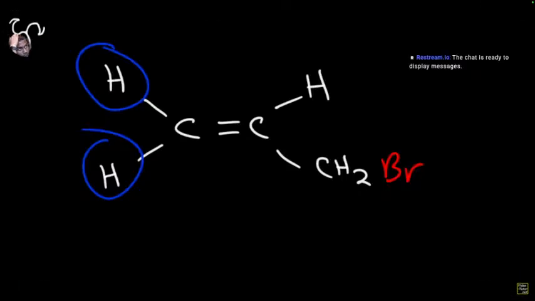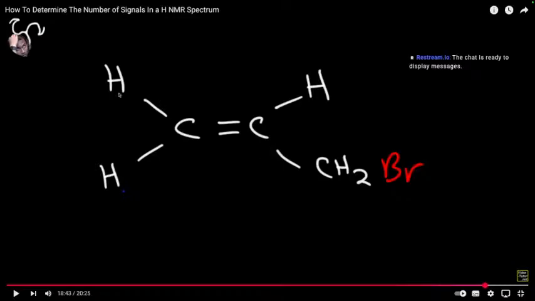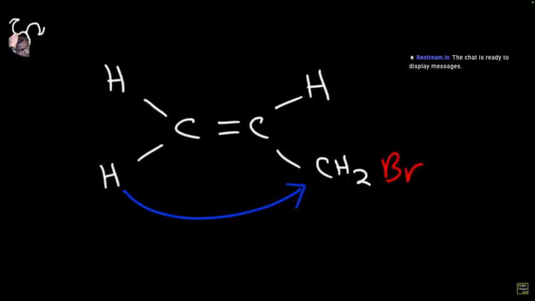Are they identical or are they different? Now, this hydrogen is cis to the CH2Br group. This one is trans to it, so automatically they're different from each other.